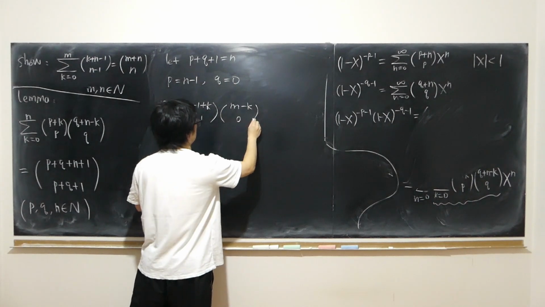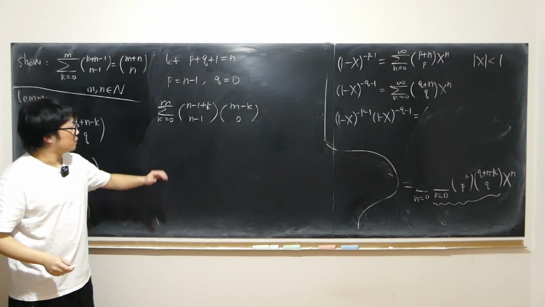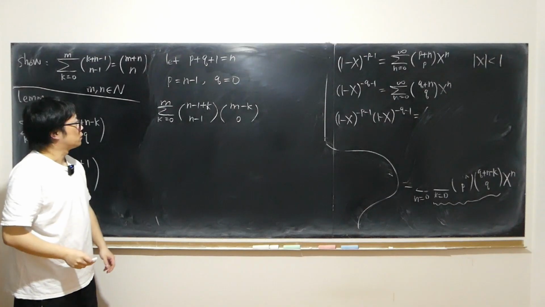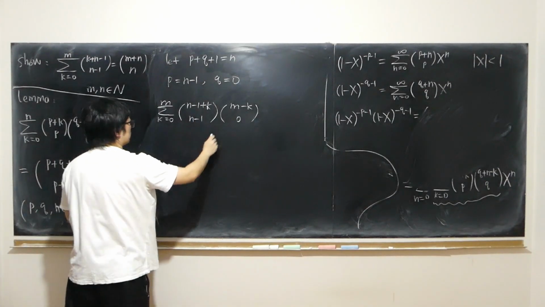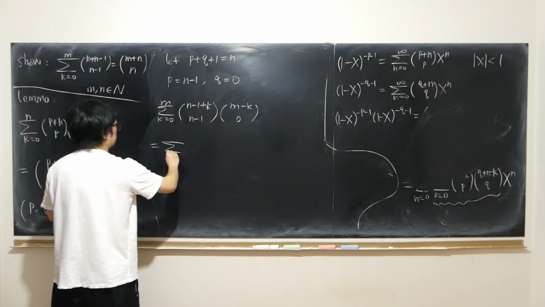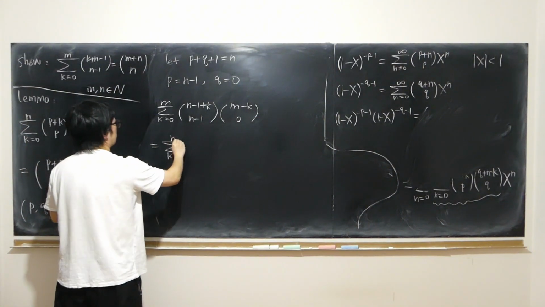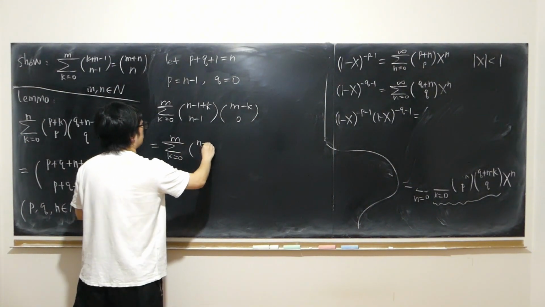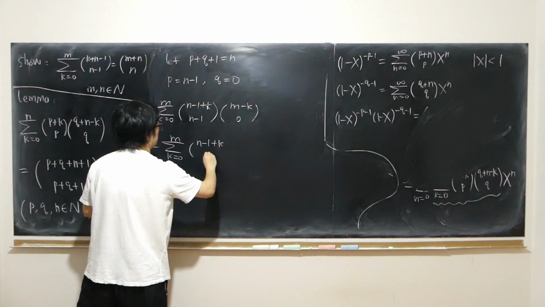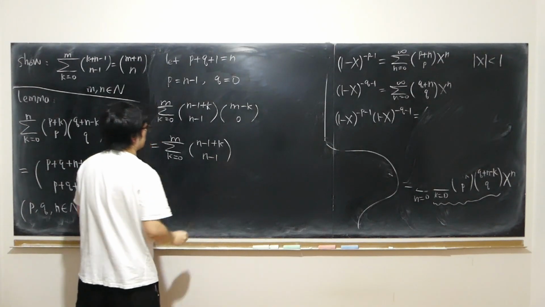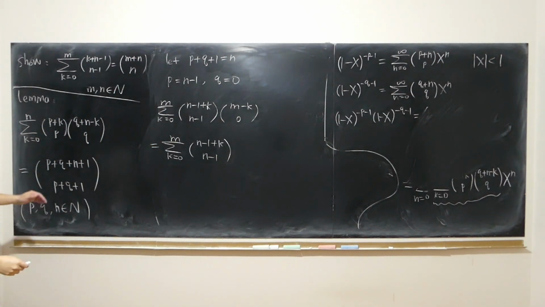Choose 0. When you choose 0 elements, how many ways to choose? One way. So this one, k from 0 to m, and also plus k. According to this identity, it should equal this. We replace n with m consistently.